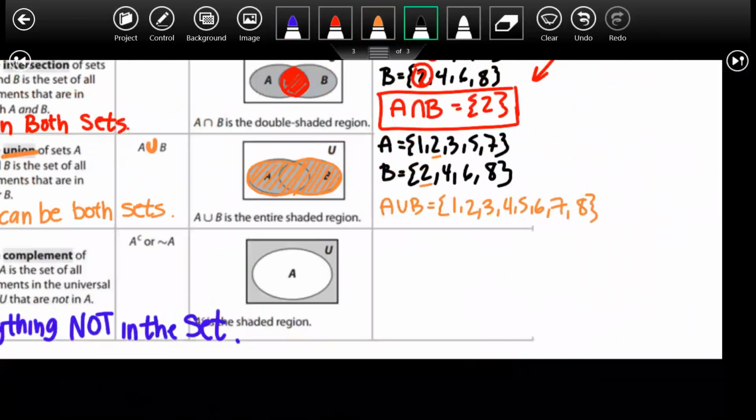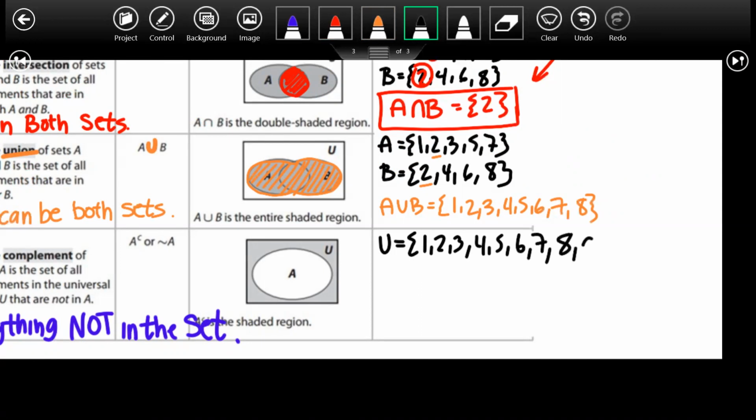So we have to look at the universal portions of this. Our universal gave us 1, 2, 3, 4, 5, 6, 7, 8, and 9, right? Because we chose all numbers that are less than 10.